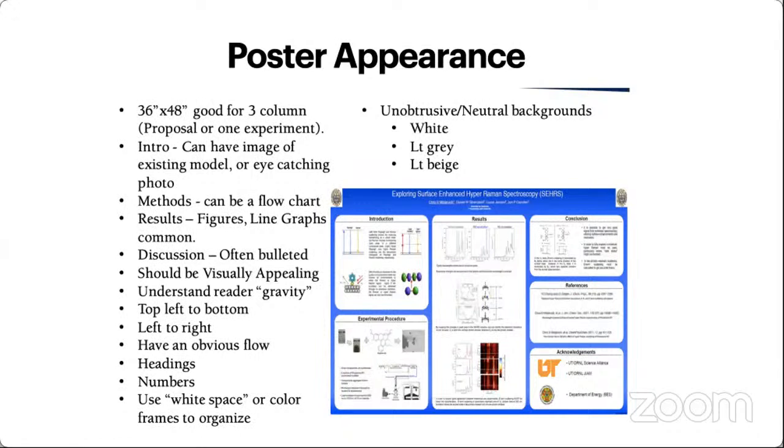So if it's vertical, it's 2-column, and if it's horizontal, it's 3-column. Inside the poster's appearance, some general acceptable and not acceptable patterns are: you can have images in the introduction, but that is going to eat up some of the real estate in the introduction. So mostly that is not preferred.